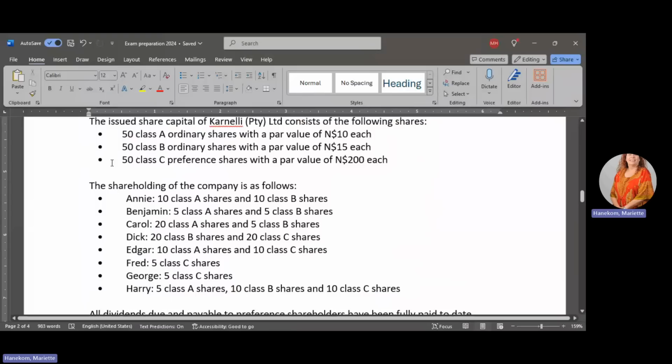All the Class C shares equals 50. In this particular question, it does. It is not always the case. But don't stress about that. Read your questions. That will become relevant when you get to your questions. So you don't have to now start making these calculations because you haven't started answering your question yet.